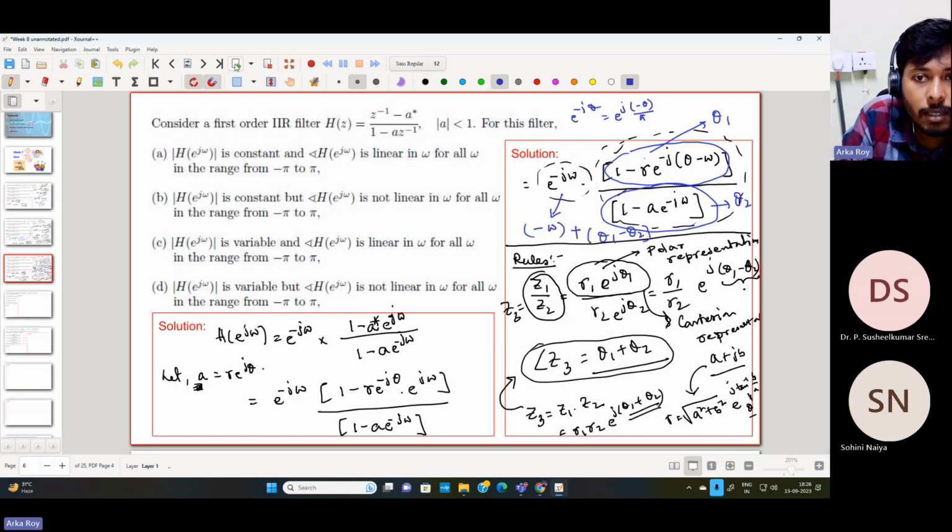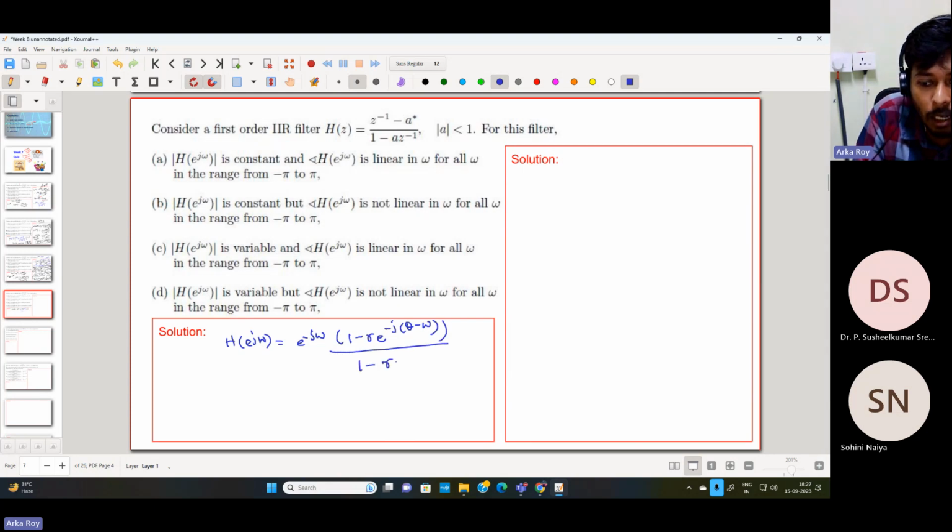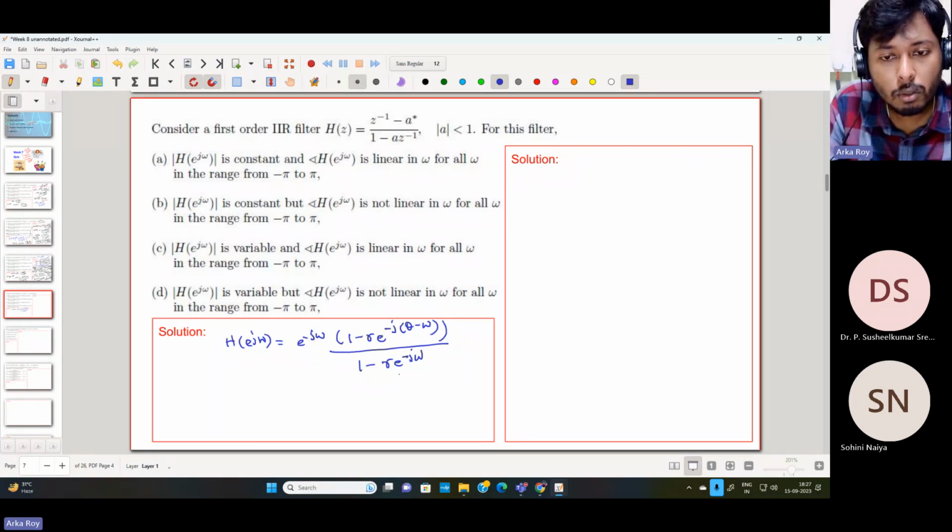So for that, if I just copy it over here, it would be H e power j omega equals e to the power minus j omega, followed by 1 minus r e to the power minus j theta minus omega divided by 1 minus r e to the power minus j omega. This part is basically the polar representation, and here also this part is polar representation.